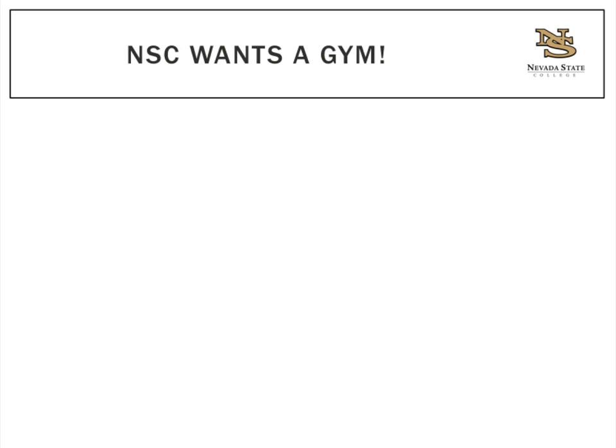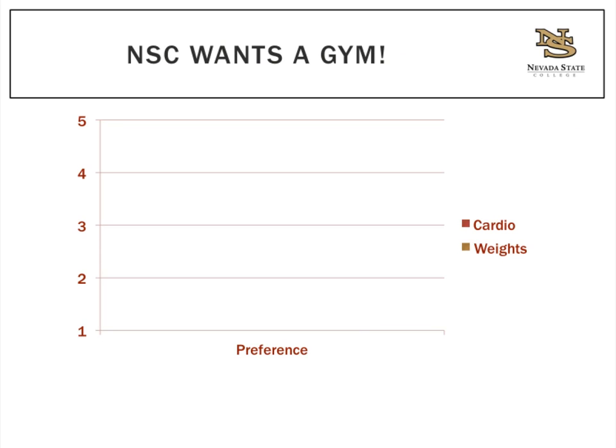So I'm going to show you a graph of the data because I want you to get used to graphs. So what we're going to see is a sort of maroonish bar for how much your participants like cardio, and then a more yellowish, brownish bar for how much people like to use weights. Here we have the scale that we asked them on. 1 meant never, and 5 meant all the time that they use this type of exercise, machine or weights.